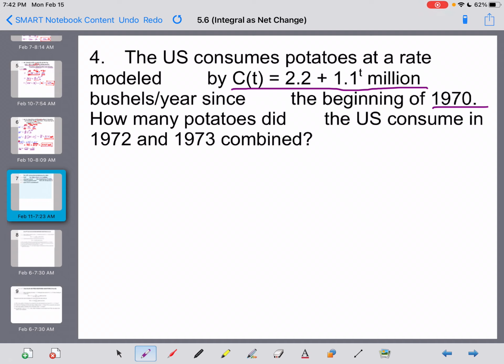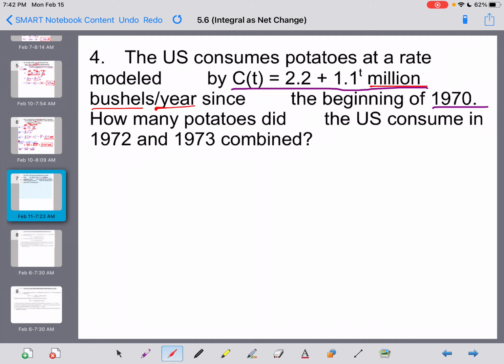Okay. Now, let me warn you right off the bat that a lot of people want to make this really simple by just plugging a value in for t and just evaluating the 2.2 plus 1.1 to the t power. The issue there is units. If you read carefully, guys, C of t is measured in million bushels per year.